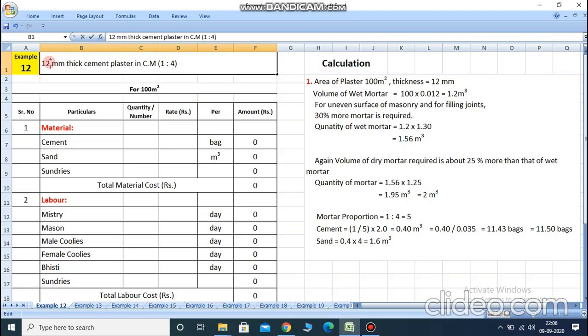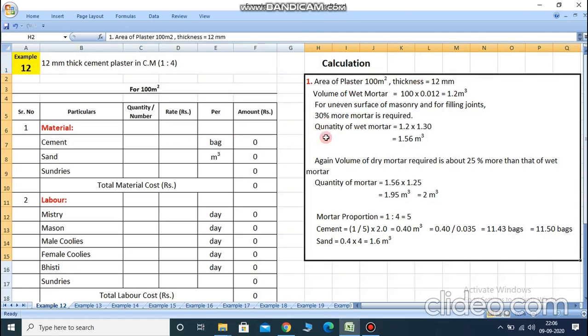The volume of the wet mortar is equal to 100 meter square multiplied by 12 mm. 12 mm converted to meter, so 100 multiplied by 0.012 means 1.2 meter cube quantity of the wet mortar to complete the 100 meter square plaster work.